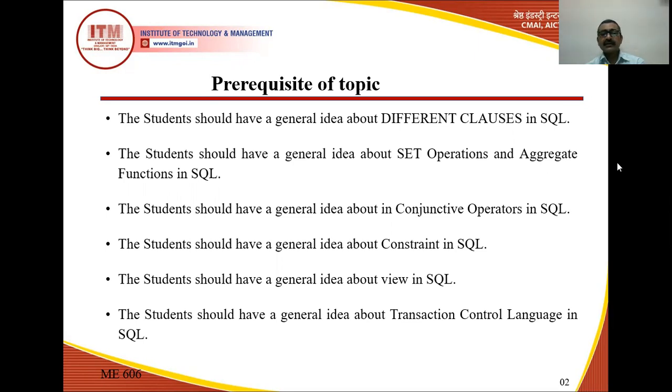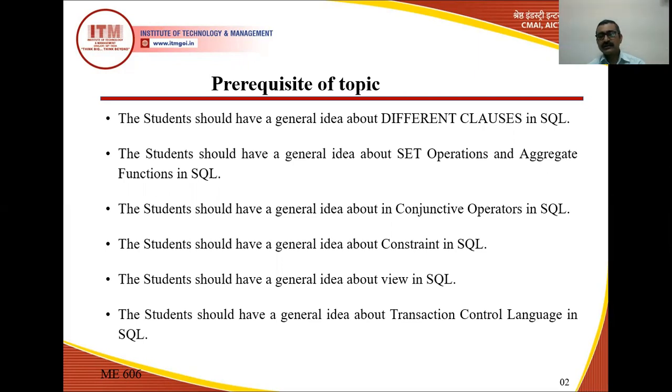And then after that we have to discuss the general idea about the constraint. So constraint is also known as a condition which we have to apply on a particular column or particular tables. There are four or five types of constraint we have to discuss. First one is the not null constraint, and second is the unique constraint.